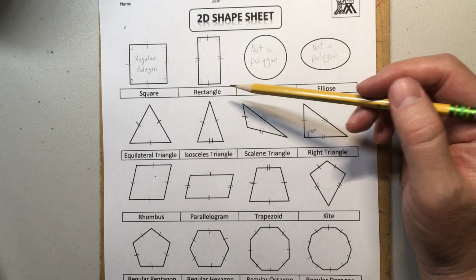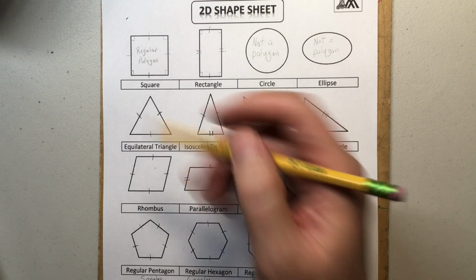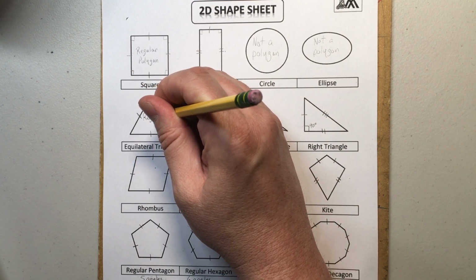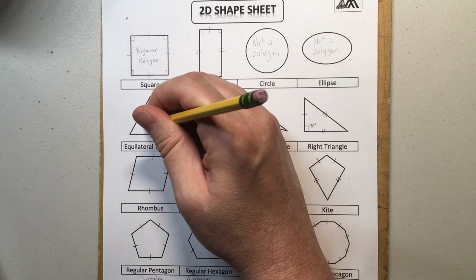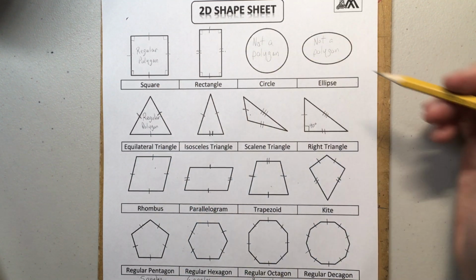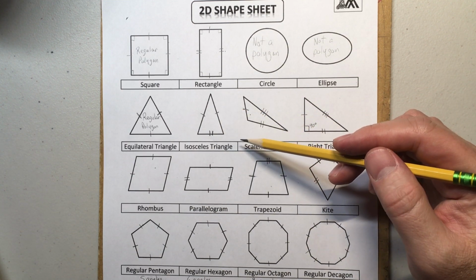This is not a regular polygon. This is a regular polygon, and it has a special name called an equilateral triangle. The isosceles triangle is not a regular polygon.